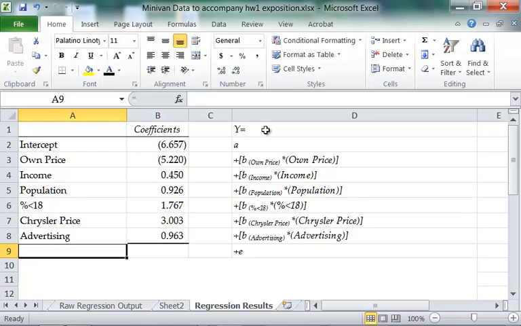Where we're saying y equals an intercept, which we're going to call A, plus the coefficient on own price, minus 5.2 times the price that you're charging in that market for your product, plus 4.5 times the income plus 0.92 times the population plus blah, blah, blah, blah, blah, right?